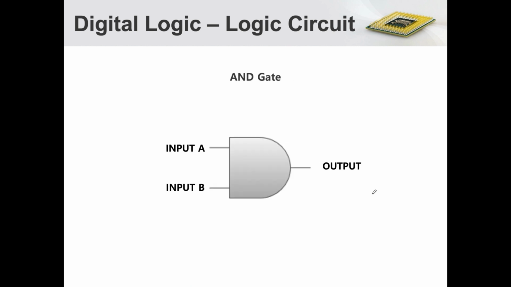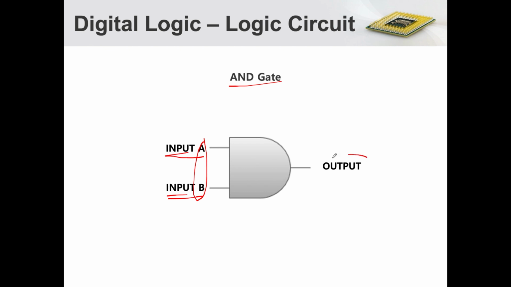Now we move to the AND gate. When you play around with the AND gate, you already increase another input. For the NOT, you have one input, but for the AND gate, you have two inputs, which is input A, input B, or maybe input 1, input 2, or maybe you can name it input X, input Y. Anything on the labeling over here, but it is input.